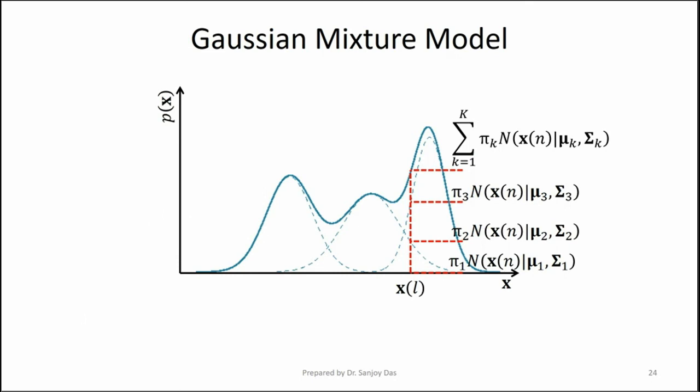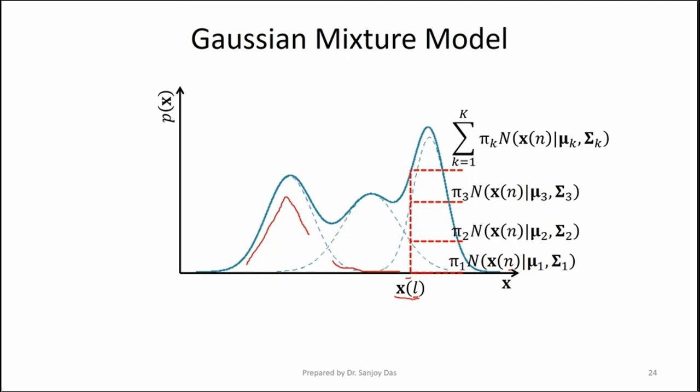And so these are the specific quantities in this example. This is one sample xn, I've used L instead of n, but this is xn, the same xn, and this is the first Gaussian. This Gaussian has a value of almost 0 here, so pi 1 N of xn given mu 1 sigma 1, for this particular xn, is almost 0.